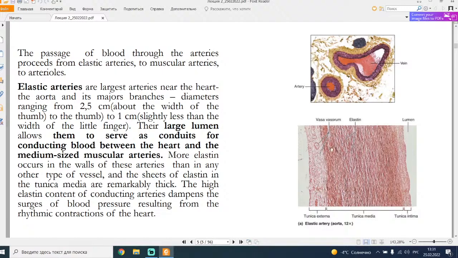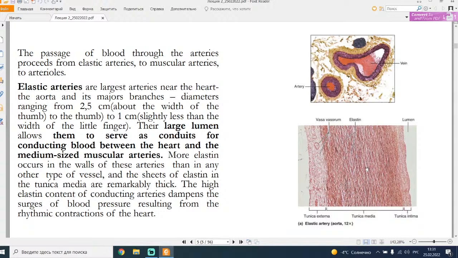More elastin occurs in the wall of these arteries than in any other type of vessel, and the sheets of elastin in the tunica media are remarkably thick.